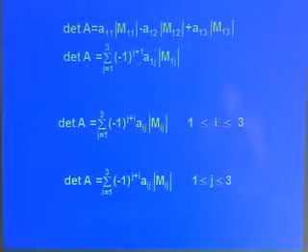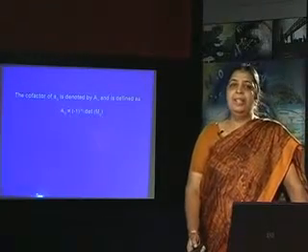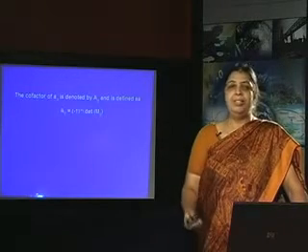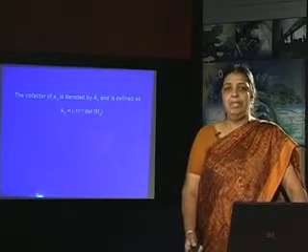So if I take any row from 1 to 3, then this formula can be used for evaluating the determinant, and this formula can be used when I am considering columns. Now I have introduced the concept of minus, but the problem with minus is one has to remember the sign, which term is to be taken with minus sign, which term is to be taken with plus sign.